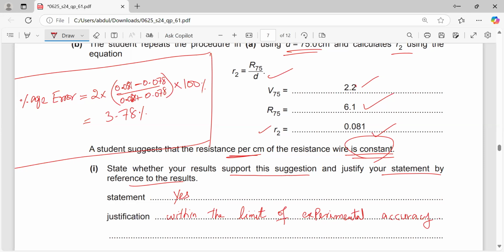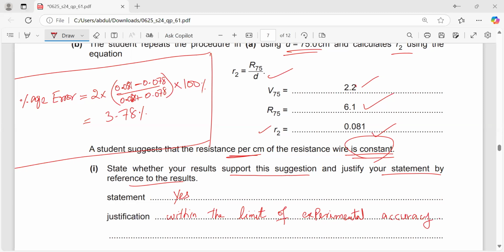Why so? Now check, this is percentage error. What is the accuracy of your experiment? 100 minus 3.78, 96.22. So your experiment is 96.22% accurate. High percentage of accuracy.